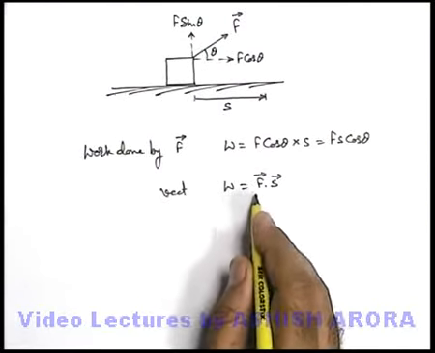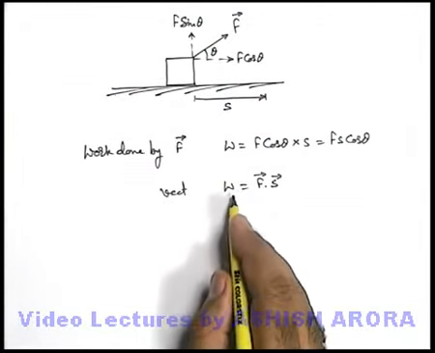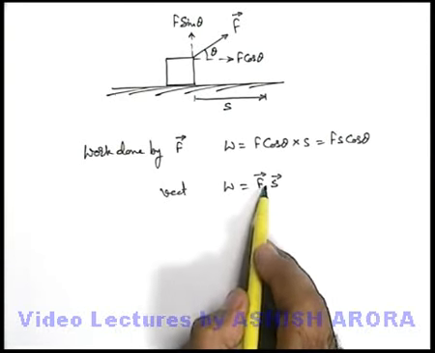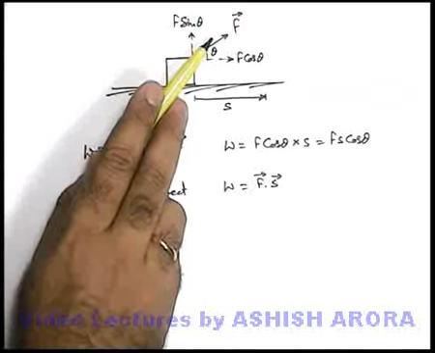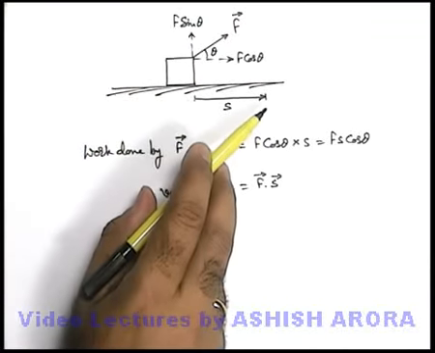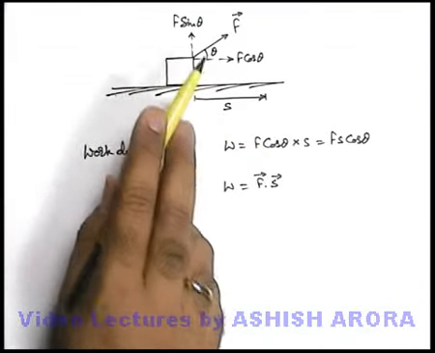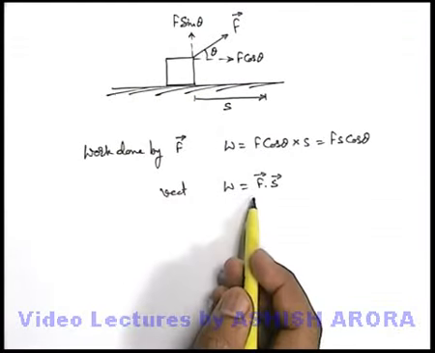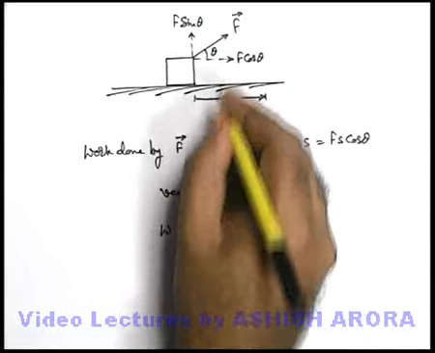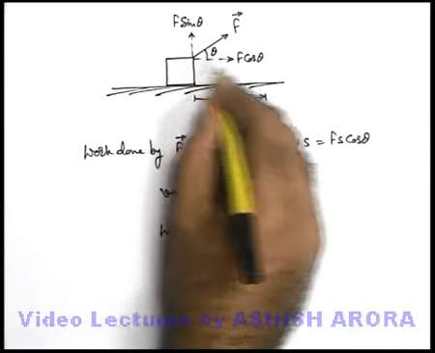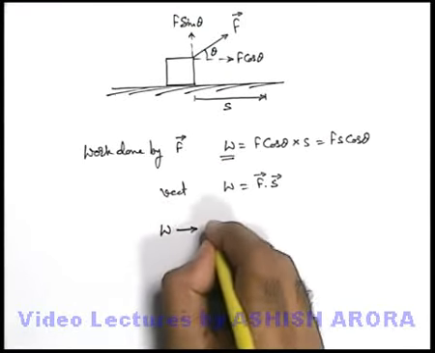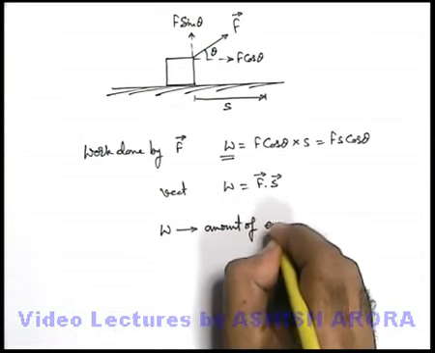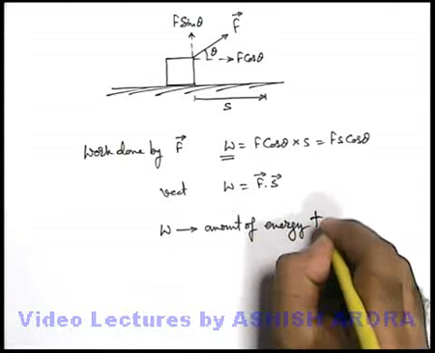So work can be written as the dot product of force and displacement, because this dot product gives us the component of force acting along the direction of displacement, or vice versa, the component of displacement in the direction of force. Here, this W, the work being done in displacement of the block, can be written as the amount of energy transferred.